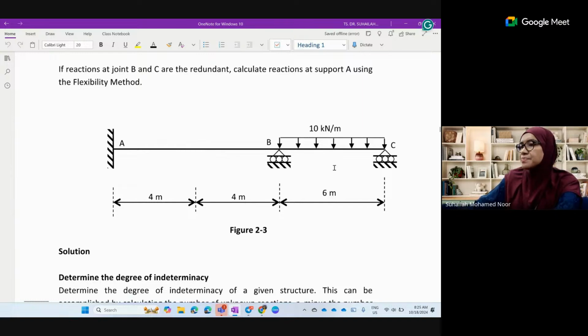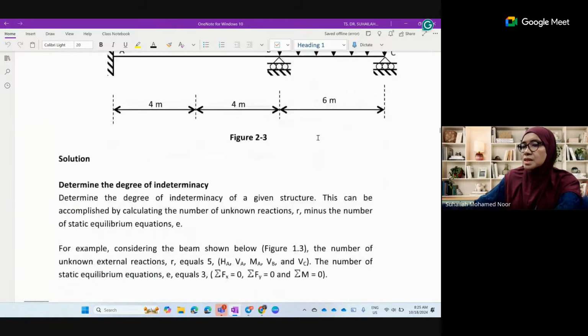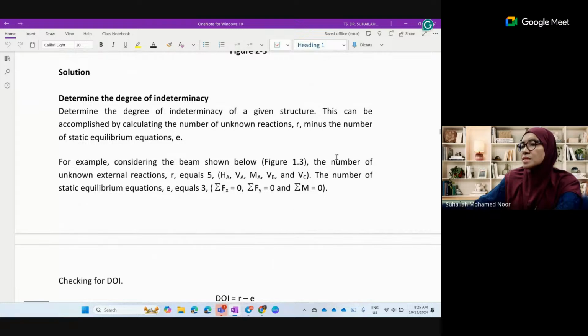The number of redundants in the system is determined by the difference between the number of unknown reactions and 3, where 3 is the number of reactions that can be solved using the equilibrium equations. So this is how we determine it.